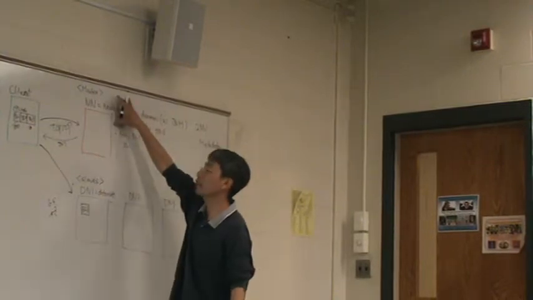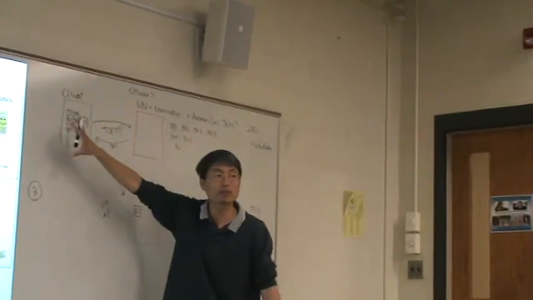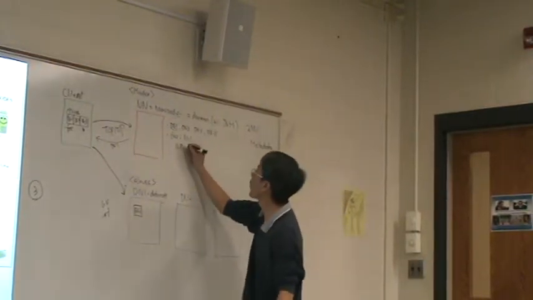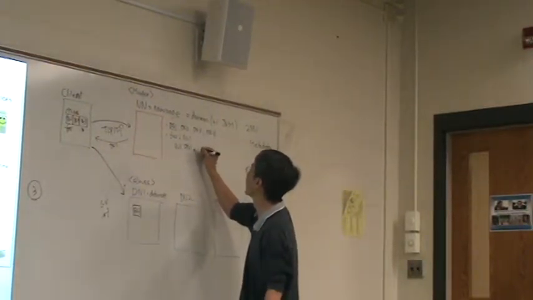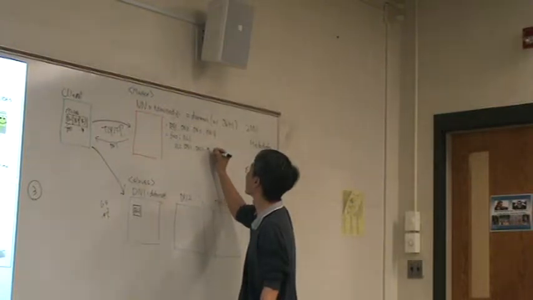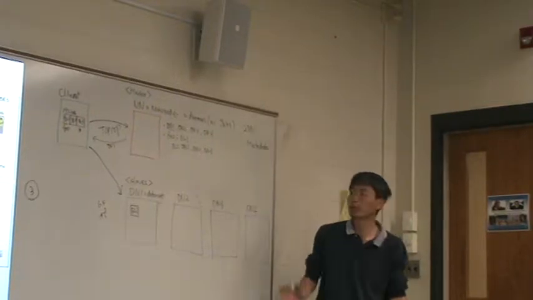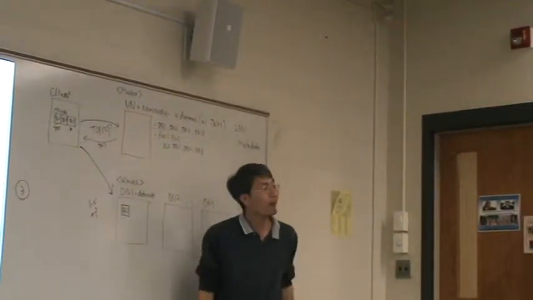So the name node lets the client know at least 3 available nodes: for block 1, data node 1, data node 2, data node 3 in order. This is called pipelining.